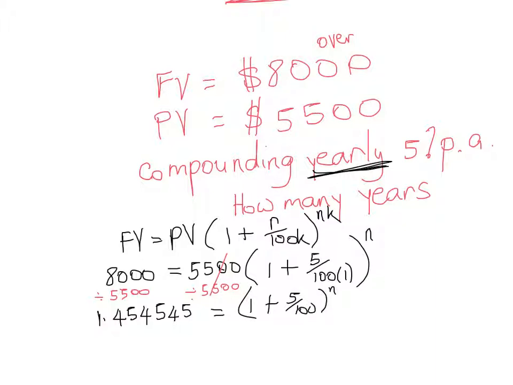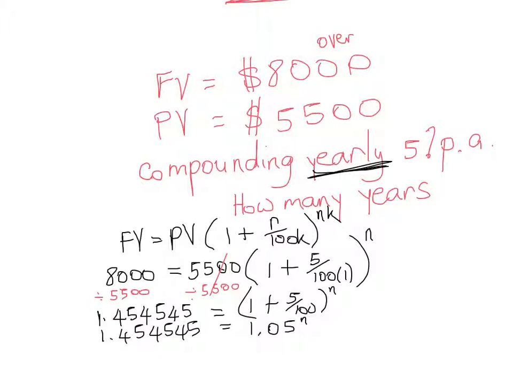Now 1 plus 5 over 100 is 1.05. That raised to the power of n should give you 1.454545. Alright, so how do we do this trial and error stuff?